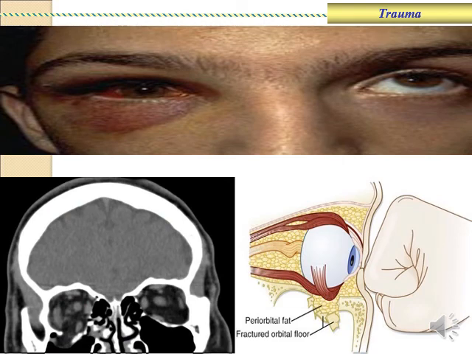This is a case of blow-out fracture. As you see, this is his CT that shows fracture in the inferior wall of the orbit.